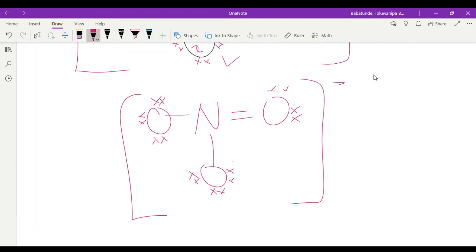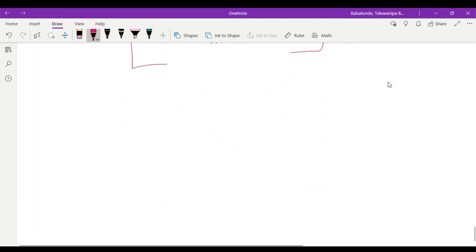So the next thing I want to show us is the exceptions to the octet rule.